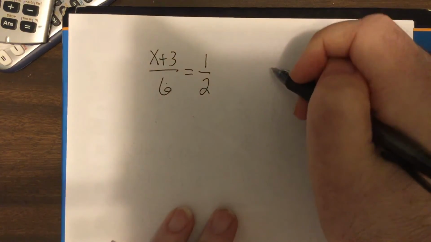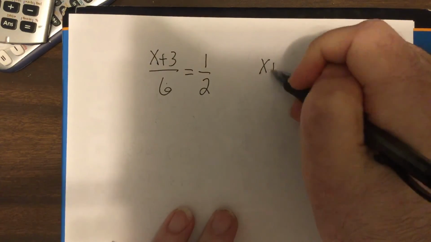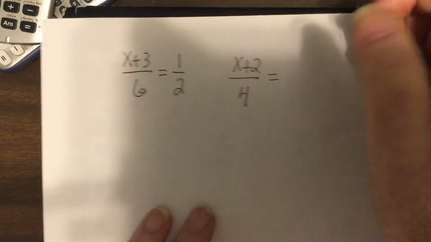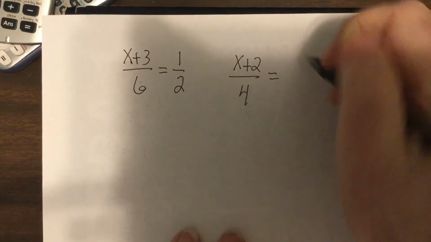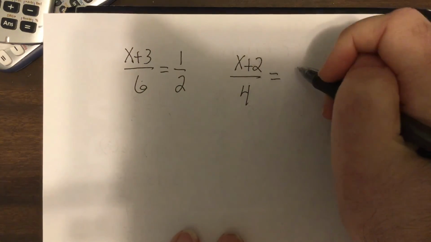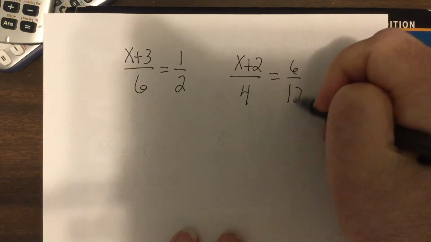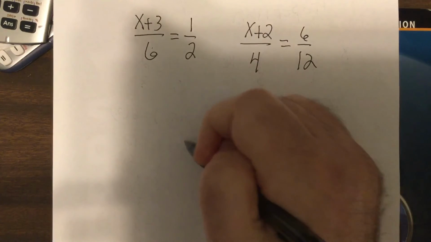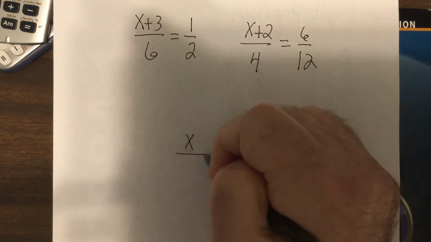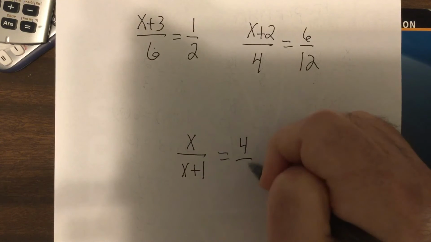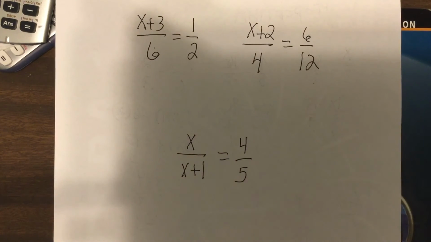And do x plus 2 over 4 equals, we're going to have you do 6/12. And then, the trickiest one yet. x over x plus 1 equals 4 over 5. So try those 3 and then turn me back on.